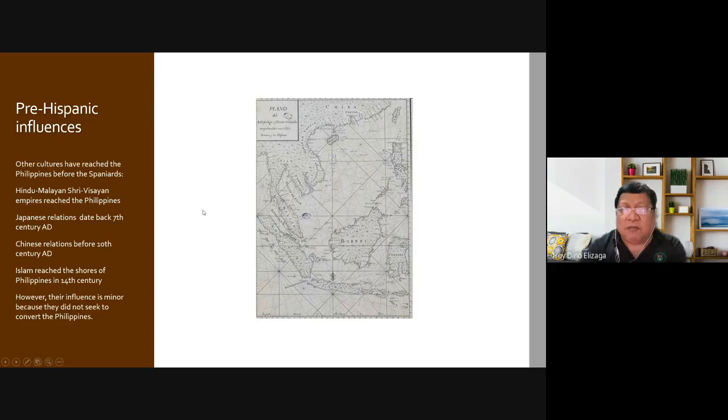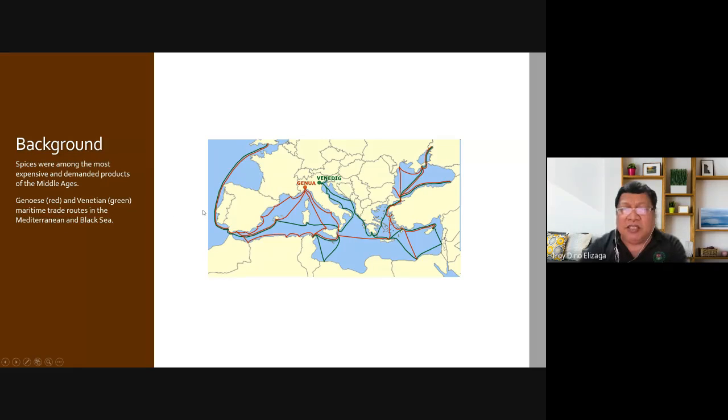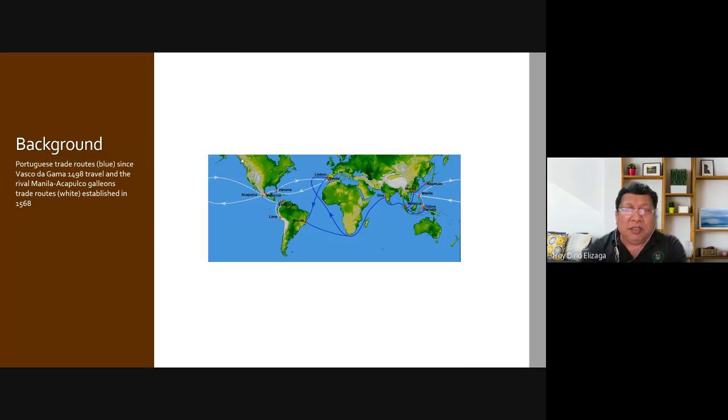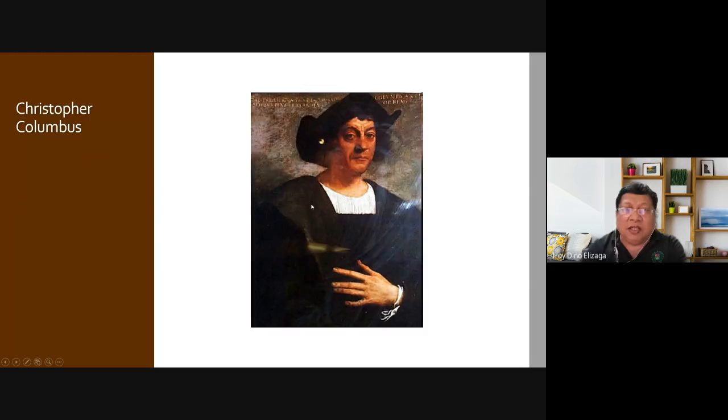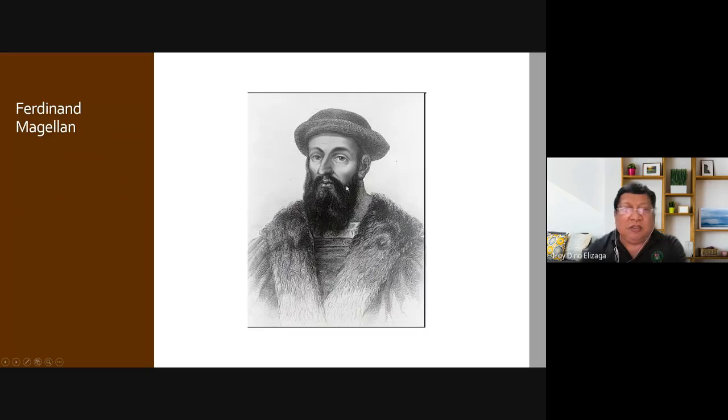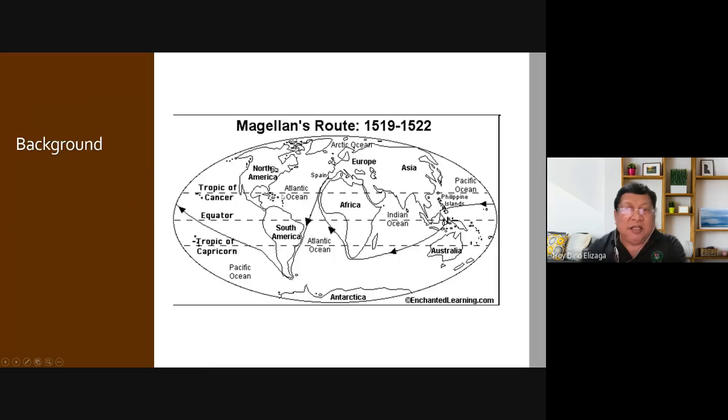I will not talk about the history of Magellan because everyone's talking about it now, especially as it's the 500-year anniversary. So I will spare you, because these are the maps that you probably saw showing where Magellan went, the trading around the world during the time that explains why he was going all around, and how he followed Christopher Columbus, and there he is, and this is his route.